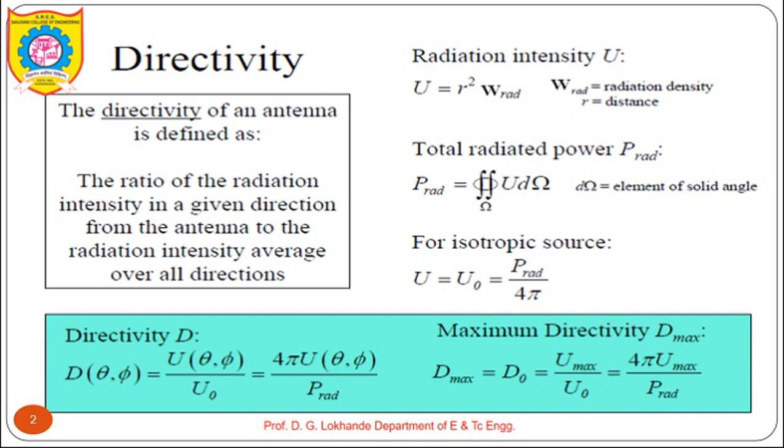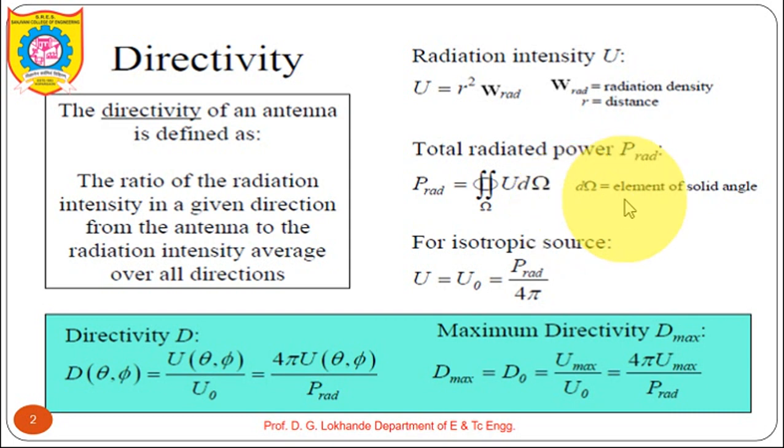So here we need to understand the mathematical equation of that. Here radiation intensity U is equal to R square W rad, where W rad is called the radiation density and R is the distance between the transmitter and the receiver. So total radiated power P rad is equal to the closed surface integral of U d omega.